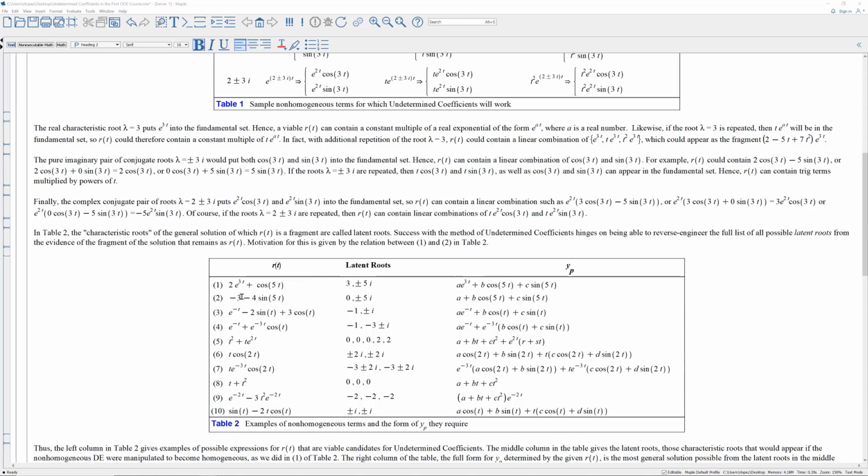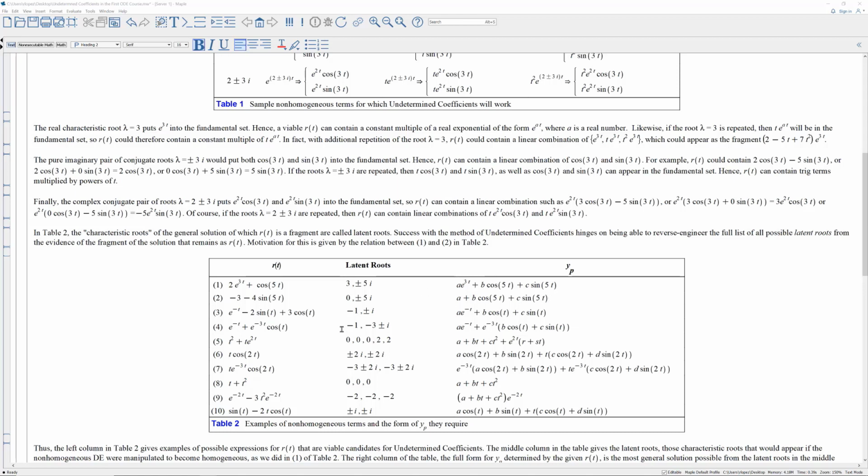If you see a right-hand side that says minus 3 minus 4 sine 5t, this minus 3 tells you that you had a root of 0, and the 5t here says you had plus and minus 5i.